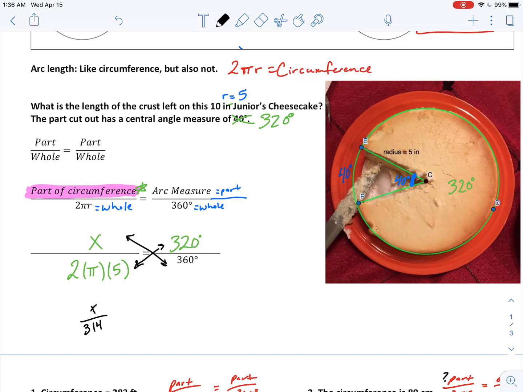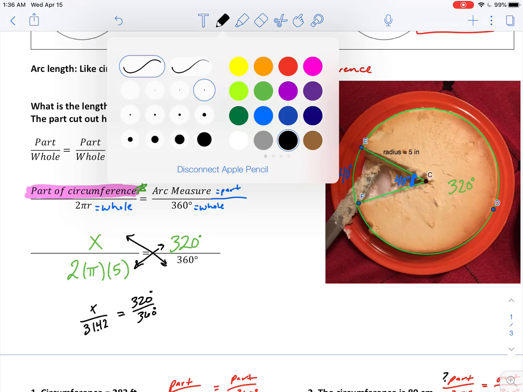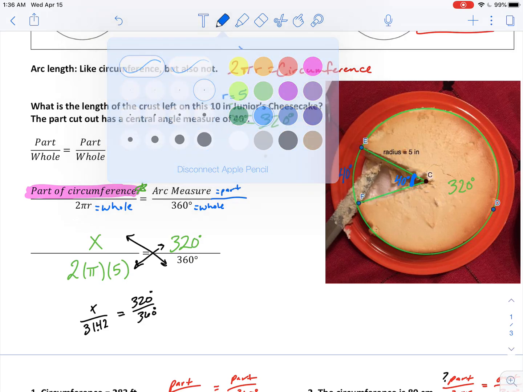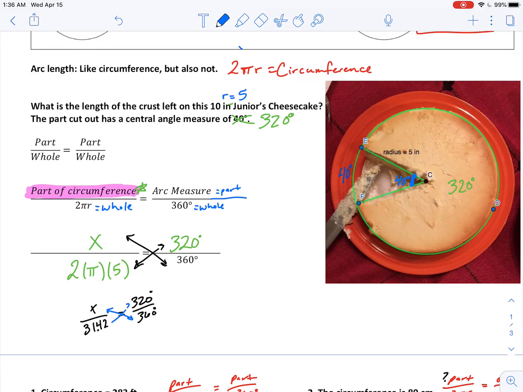So now what we can do is, just like any other set of fractions like this, we can cross multiply. But I'm going to simplify first. So x over 10 pi is approximately 31.42. So 2 times 5 is 10 times pi is 31.42 equals 320 over 360.